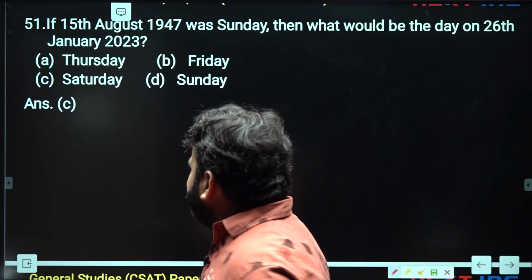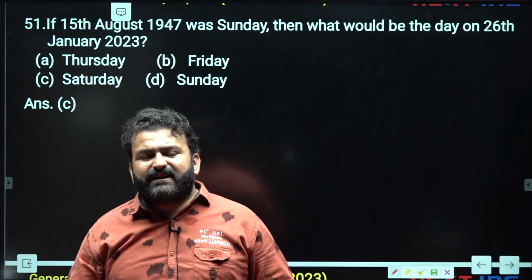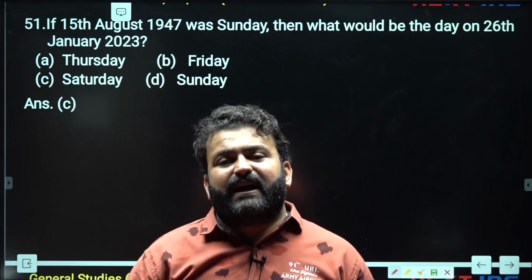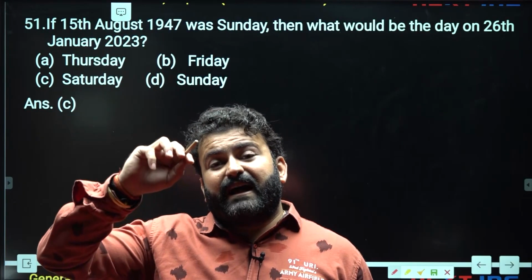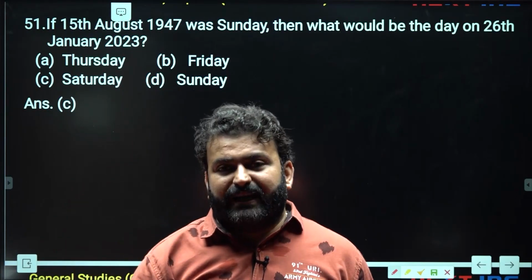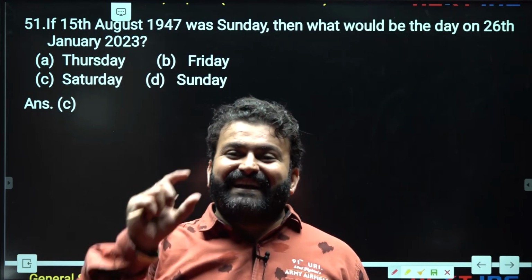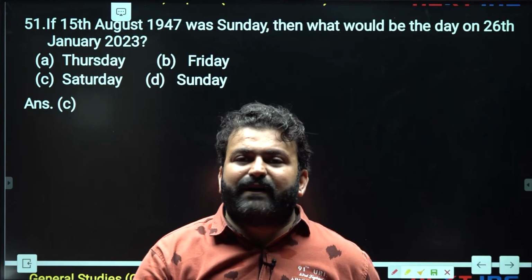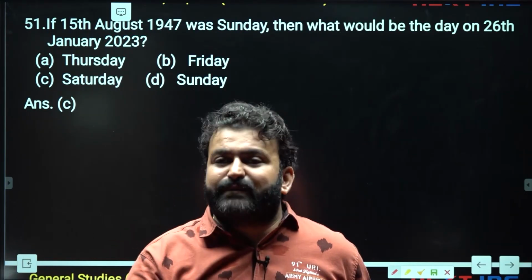Now in 100 years, remember the general concept of a leap year: every 4th year is a leap year. But any century will be a leap year only if it is a multiple of 400. A century will be a multiple of 4, but only if it is a multiple of 400 will it be a leap year.